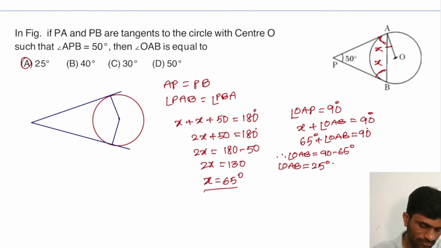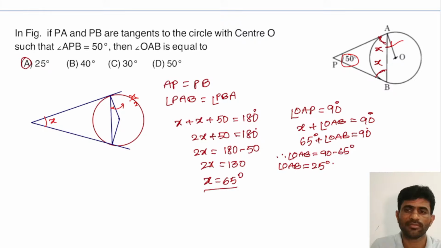Now this angle, suppose it is x, this inside angle is x by 2, half. Remember. So if it is 50 here, this is 25. Similarly, if this angle is x, this angle will be half of it. This angle at the center will be 2 times of this. Hope you understood this point.